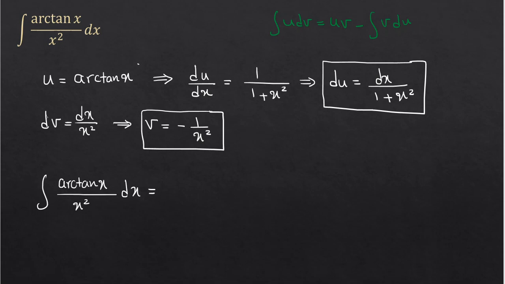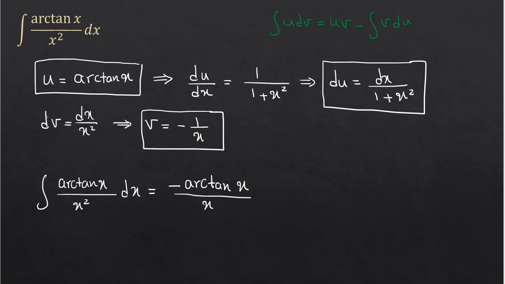Our u is arctan x, and v is minus 1 over x, so it's going to be minus arctan x over x, minus the integral of v du. v is minus 1 over x, and du is dx over 1 plus x squared.